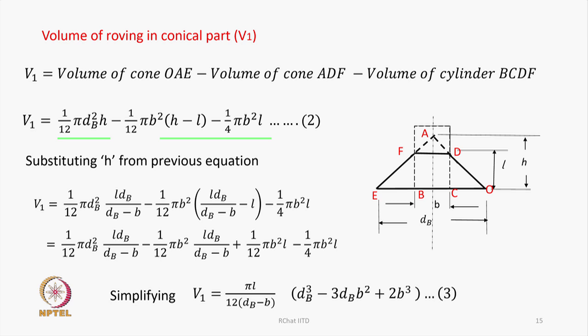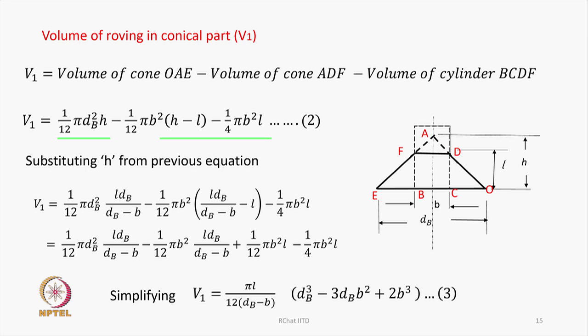You can do it yourself, and if we go by this simplification, we will get this figure. In this previous equation, we put the value of H, and we keep on doing the simplification.